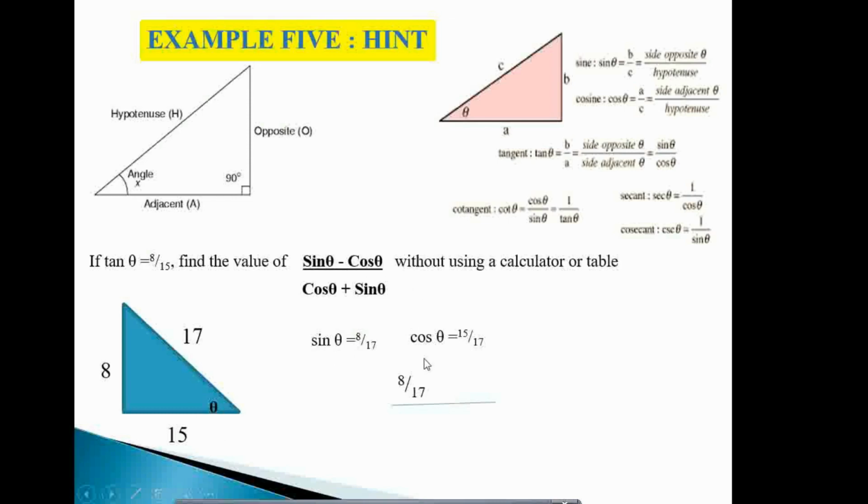Then cos theta is adjacent over hypotenuse, so that gives us 15 over 17. If we replace it into the equation, we'll have 8 over 17 minus 15 over 17. On the denominator side, we'll have 15 over 17 plus 8 over 17. If we work this out, we'll get negative 7 over 23.